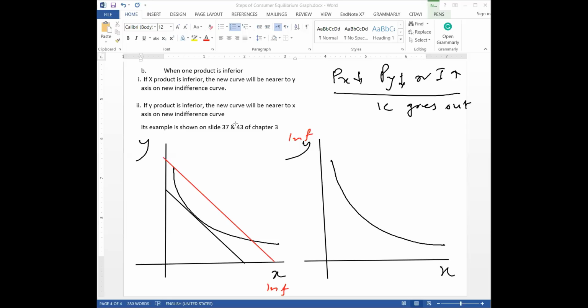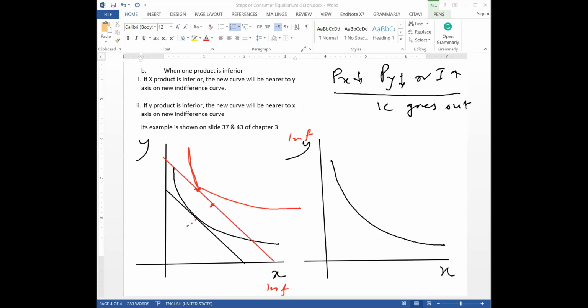In the previous case, I gave you an idea that it should be somewhere here if both products are normal. But I found out that X is inferior, so the new indifference curve should be away from X. So I will draw somewhere here, any point away from X, and draw an indifference curve like this.